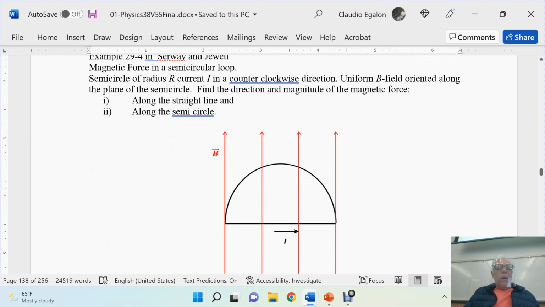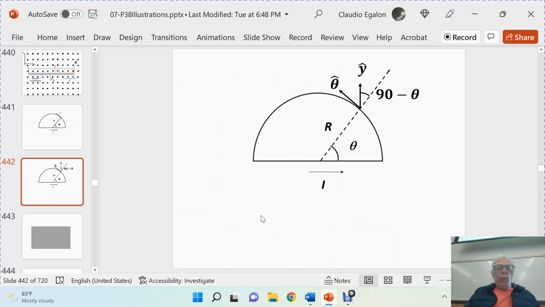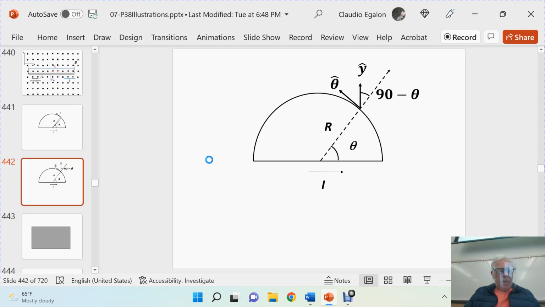Semicircle, radius R, current I. We should have put the field here in the vertical direction. So here you go. We're going to have a force over this wire.